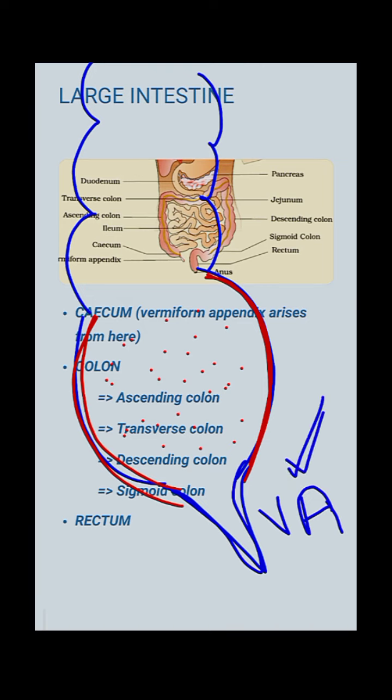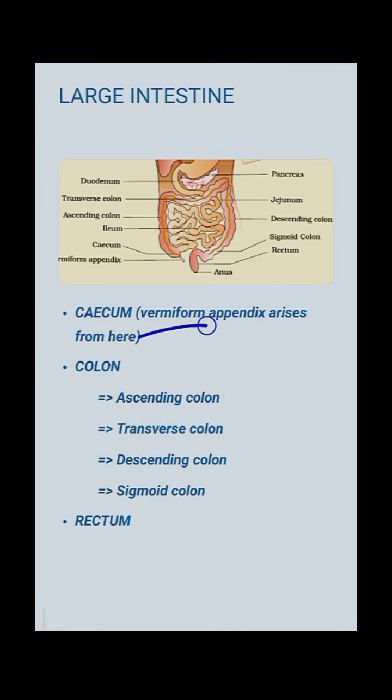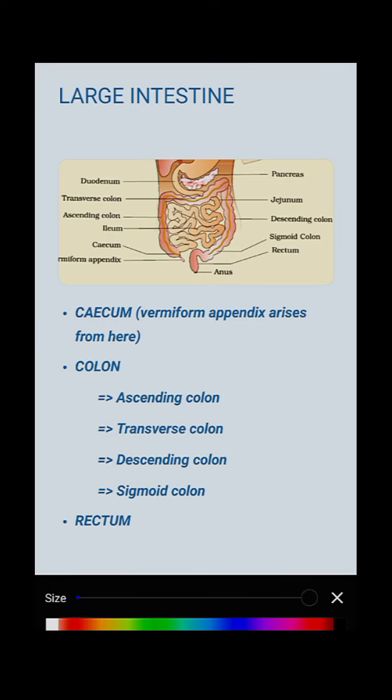At that time it was bulged and functional. But as time passed, man started to cook food, so the function of the appendix was not required much. That's why it turned into a worm-like structure and became vestigial. Vermiform is a Latin word for worm-like, so it was called the vermiform appendix. That's it.